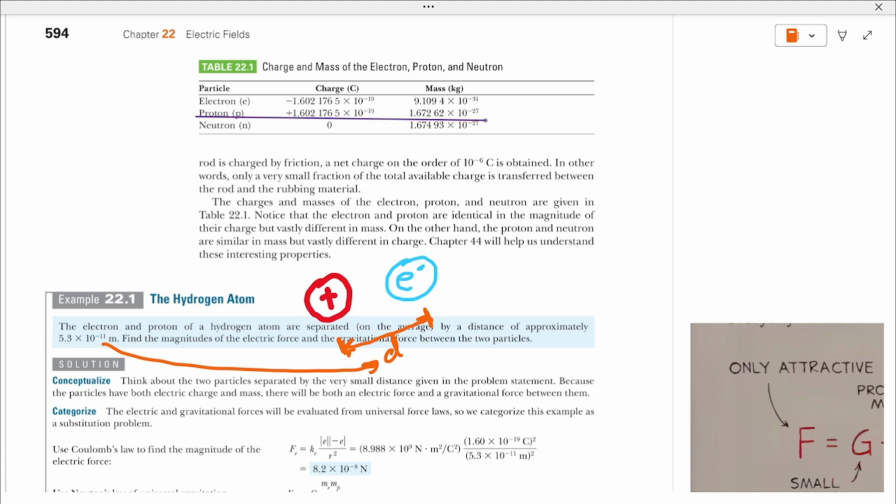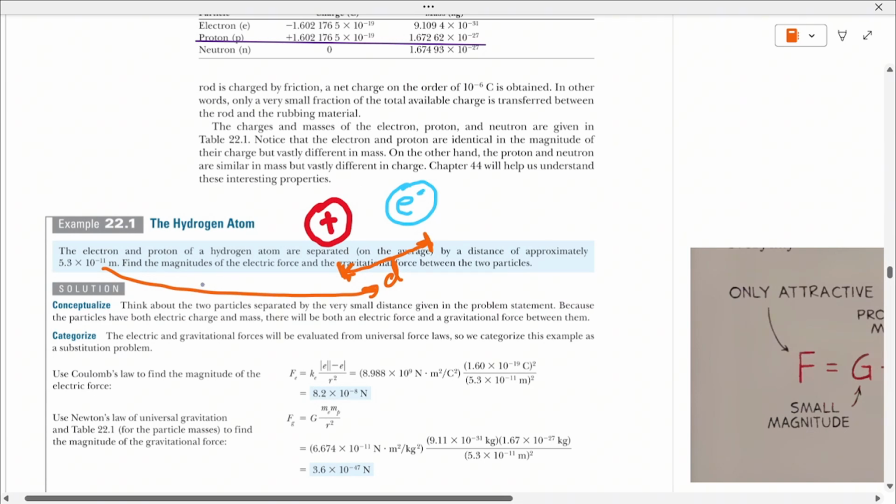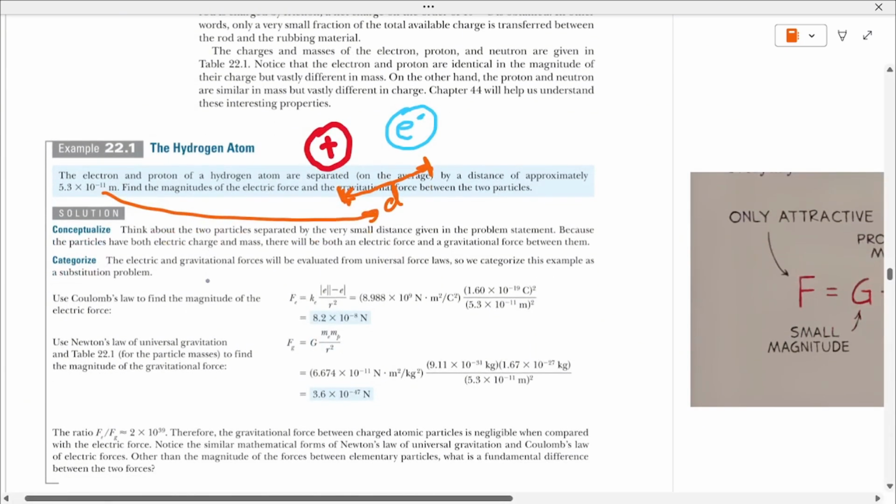And we already know the charge on the electron and proton is 1.6 times 10 to the minus 19th coulombs, the fundamental charge. And then the mass of an electron and proton is listed here, which will be substituted into Newton's law. And after substitution, we find that the electrostatic force is 10 to the 39 times stronger than the gravitational force. This is millions, billions of times stronger.